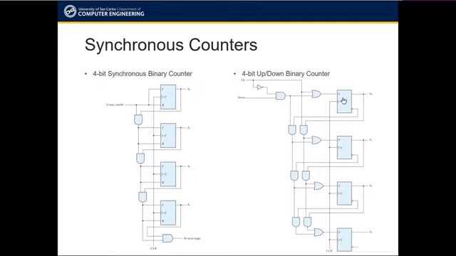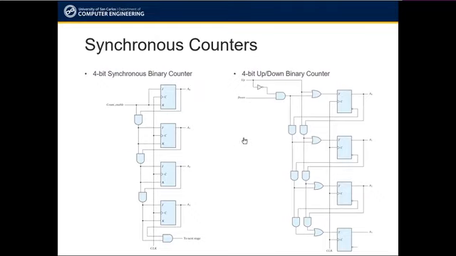This circuit is a 4-bit up-down binary counter. It simply counts up at the A3 to A0 outputs when the up input here is triggered and counts down when the down input here is triggered.